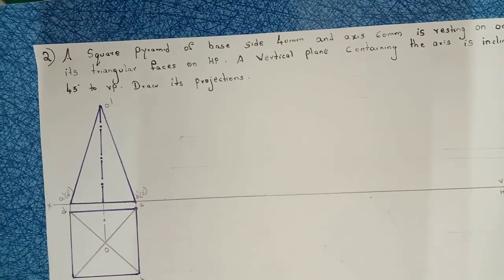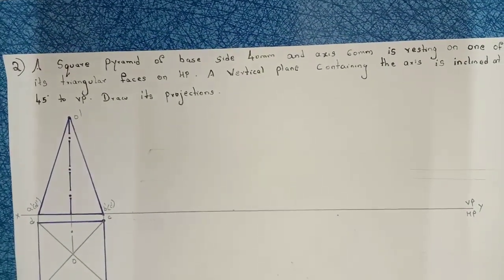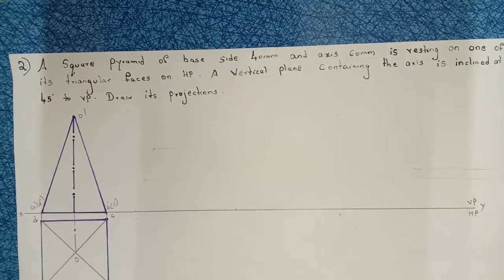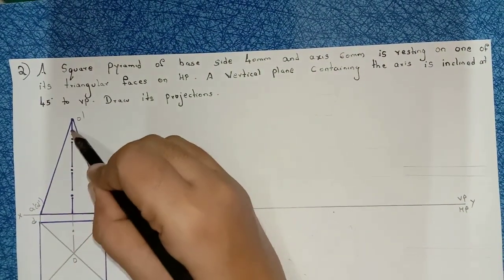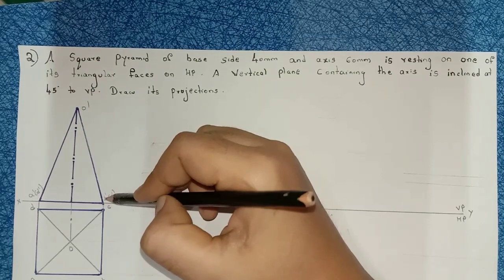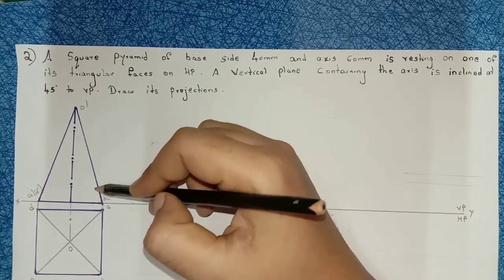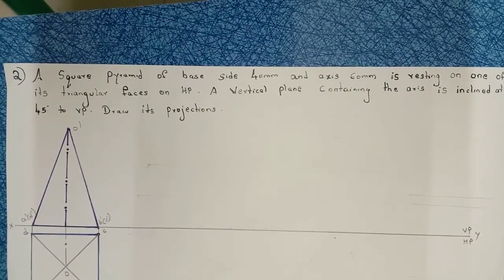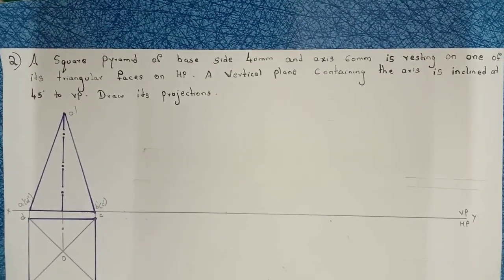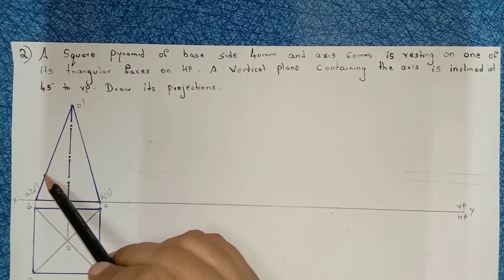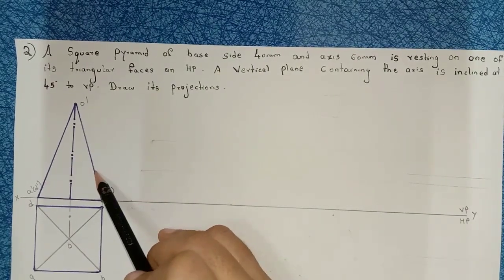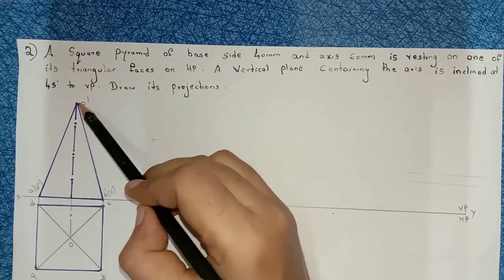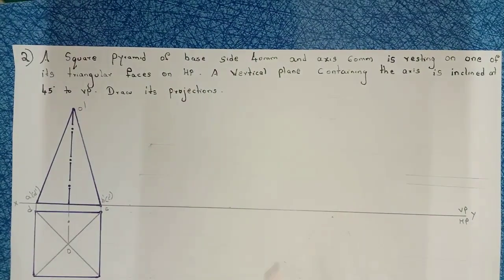Right, now the second step is they mention the triangular faces on HP. This is a triangular face, this is a triangular face. Now you have to construct these triangular faces on HP. Lying on HP means you have to construct the triangular face on the reference line. So you may take either this or this. So what I am doing, I am measuring from O dash to B dash here.